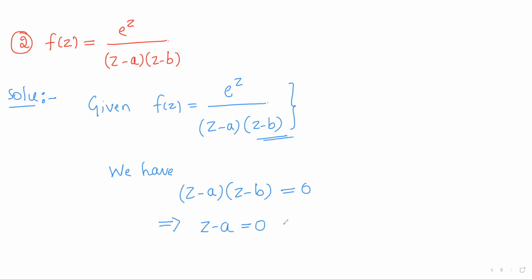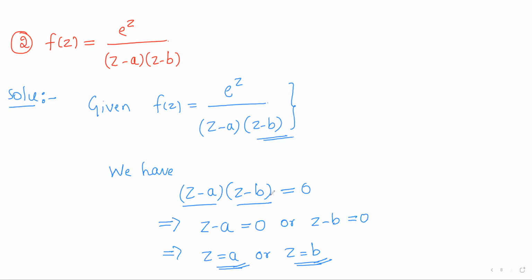Either z minus a is equal to 0 or z minus b is equal to 0. So z is equal to a or z is equal to b. So if z is equal to a or z is equal to b, the denominator function becomes 0 and hence f of z becomes indefinite. So at these points f of z tends to infinity. Hence these will be the poles of f of z and both are simple poles.